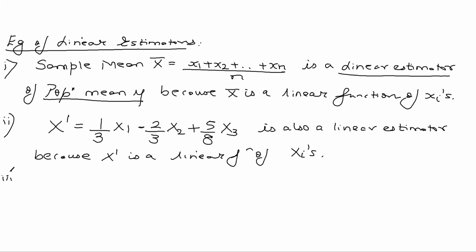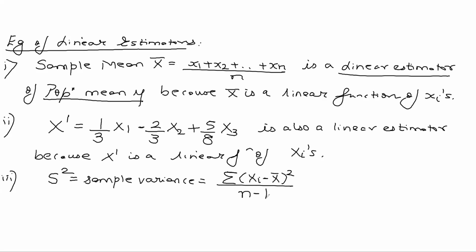But if I talk about the sample variance, all of us know the formula: summation of (xi minus x bar) whole square upon n minus 1. All students should know that we divide by n minus 1, not n, because when we talk about a sample, we have n minus 1 degrees of freedom.